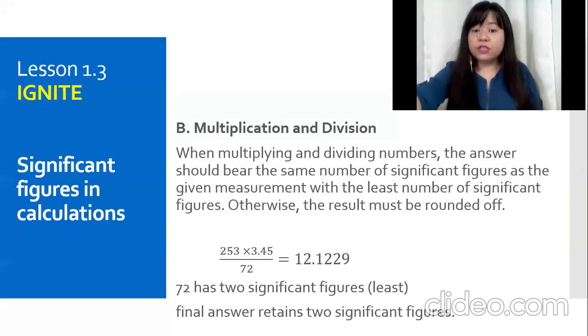So the final answer should retain 2 significant figures, and we report the final answer to be 12. In this case, we just drop the extra digits, but if we need to round up, then we will have to, for as long as we retain only 2 significant figures in the final answer.